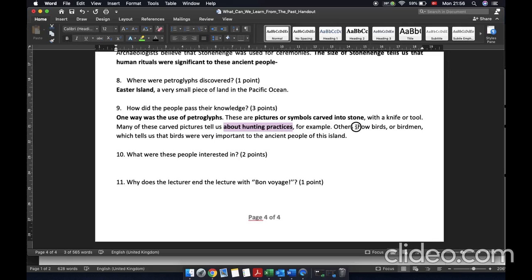And some others show birds or birdmen, which tells us birds were very important to the ancient people of the island.